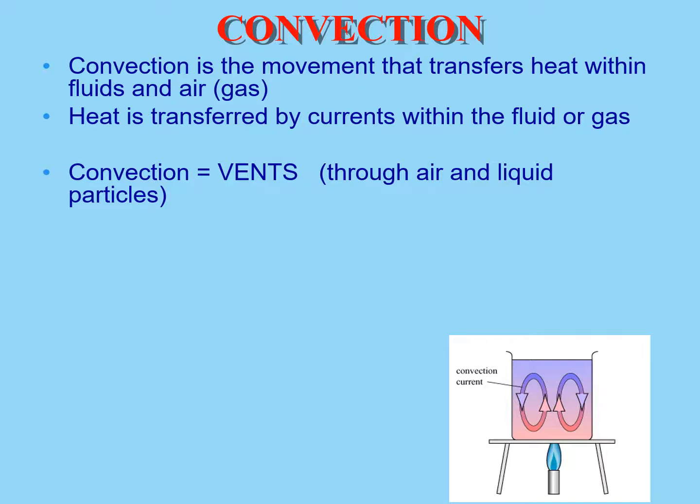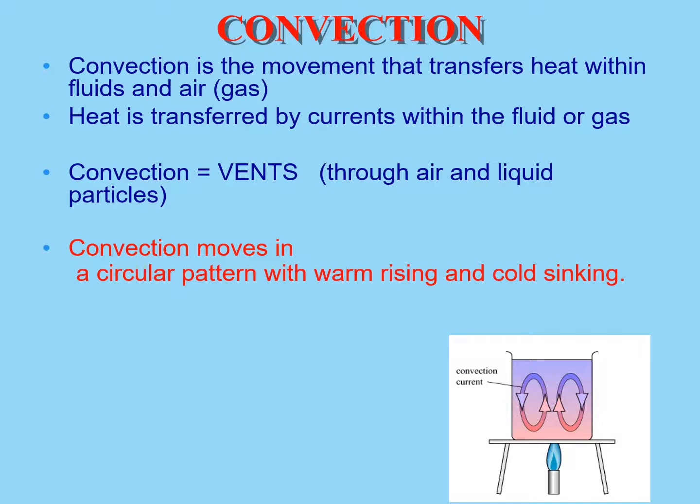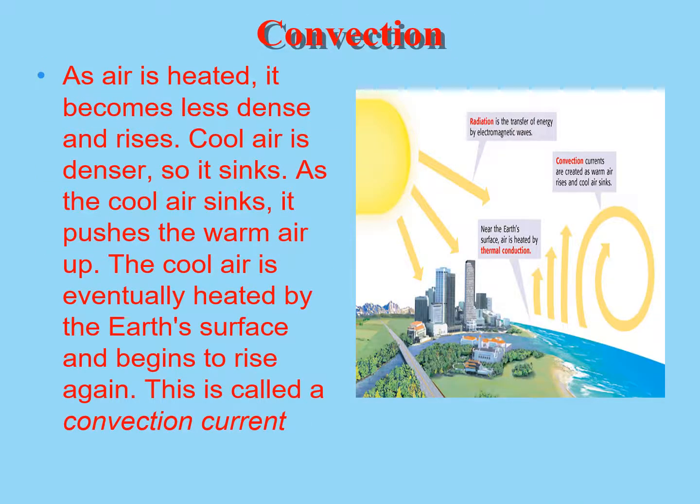We've already discussed that convection is heat transfer within a fluid, but what's important again is that circular pattern that happens with convection, that warm rising and that cold sinking. We discussed how radiation from the sun and conduction from the air molecules heat air, and as that air becomes heated, it becomes less dense and rises.